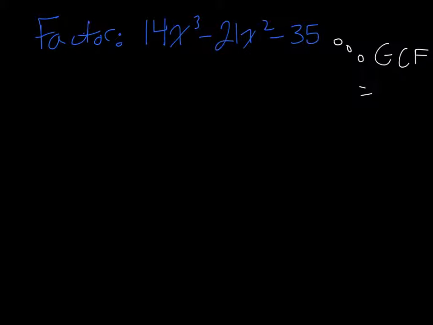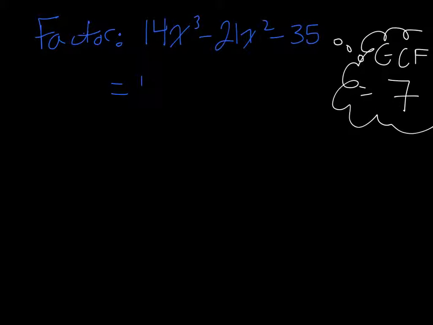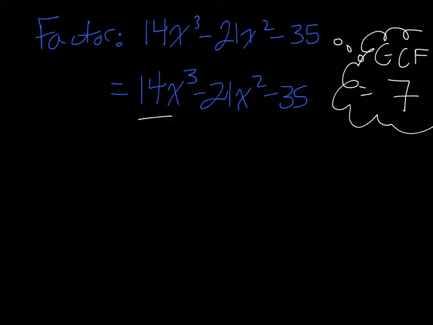But I do notice that 14, 21, and 35 all have the greatest common factor of 7. So after I've figured out this greatest common factor, I write my equal sign down, 14x to the power of 3, 21x squared minus 35. I am now going to divide all my terms by 7.